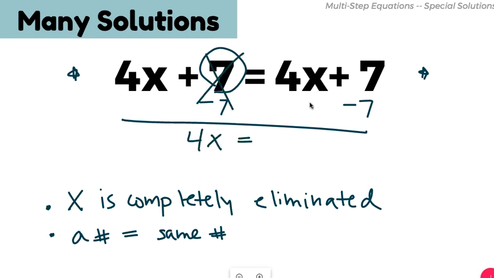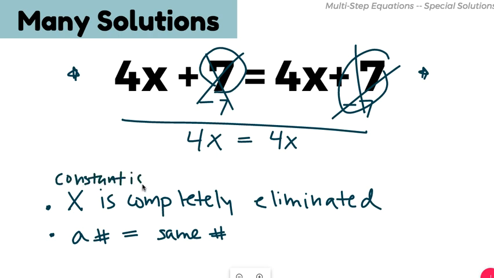This cancels. Equals 4x. And this cancels. Now, in this case, my constant is completely eliminated, and the number on the left equals what's on the right.